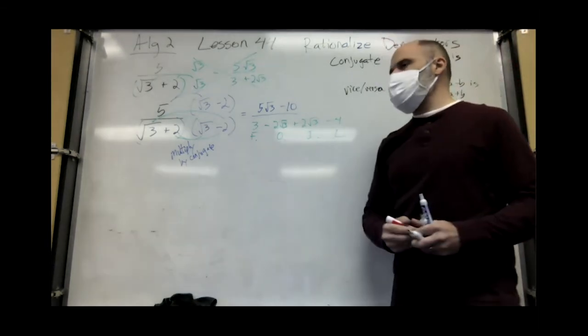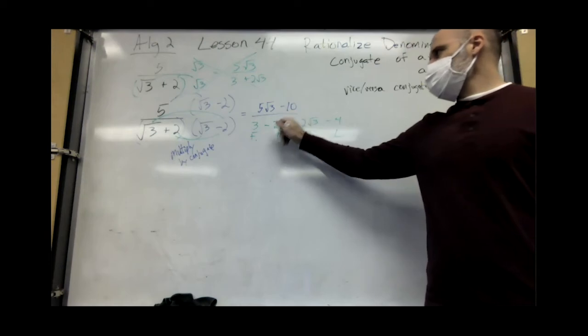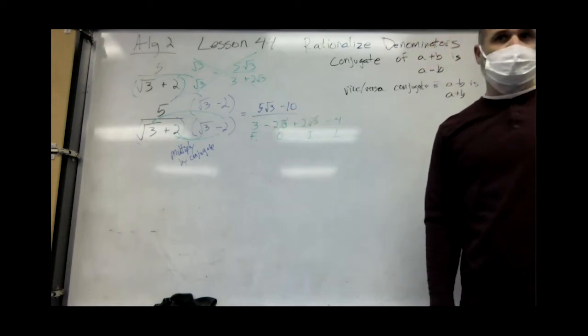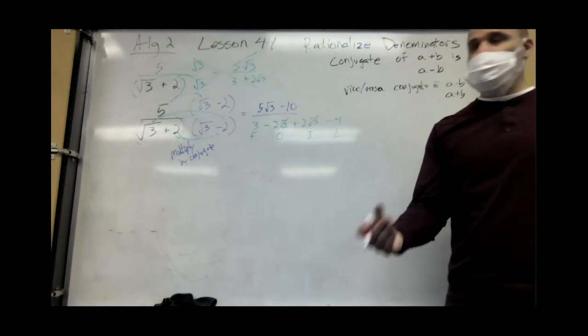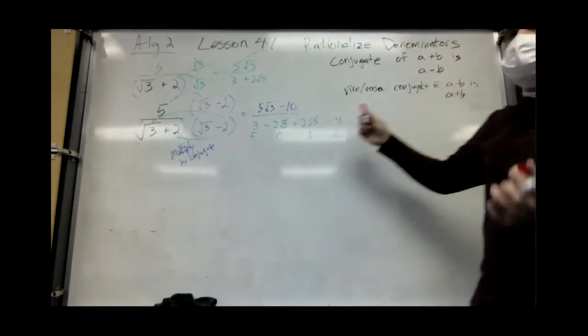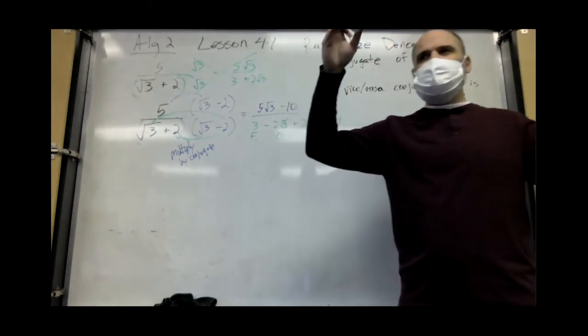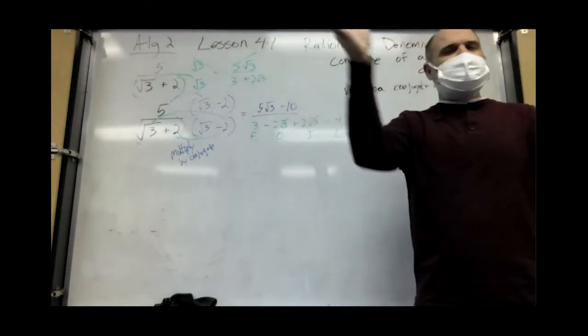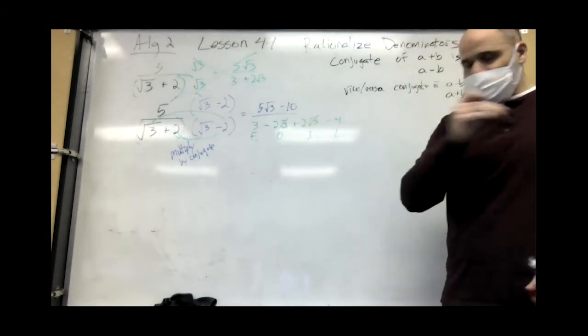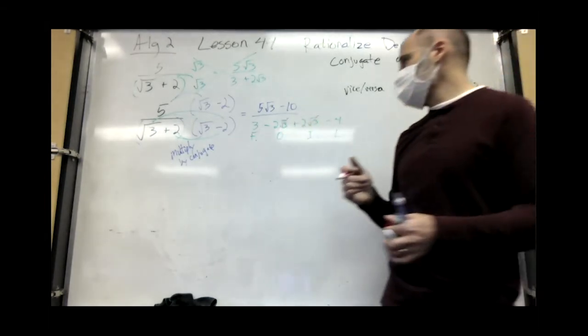So when you FOIL this out, these cancel and you're left with this nice little 3 minus 4. That's the power of the conjugate. Because this is a difference, it's like a difference of 2 squares type of thing. Remember when you have a difference of 2 squares, the middle terms cancel. That's what you want because the middle terms had radicals in them. We don't want radicals in the denominator.